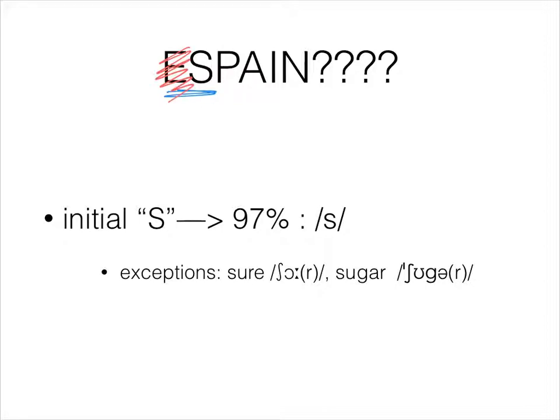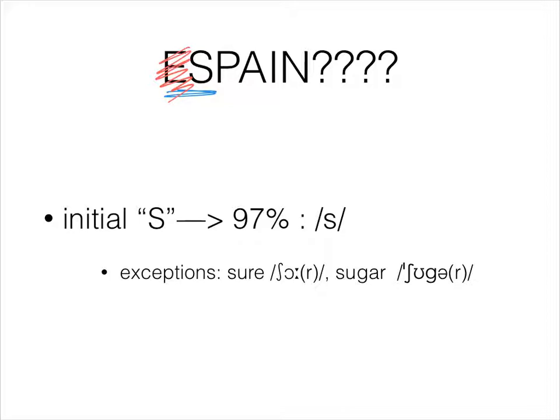Yeah? Okay. So, when you have an S, in 97% of cases, the S at the beginning of a word is going to be s, just like that. A plain s sound. No vowel before in this case, okay? But just a plain, ordinary s sound.